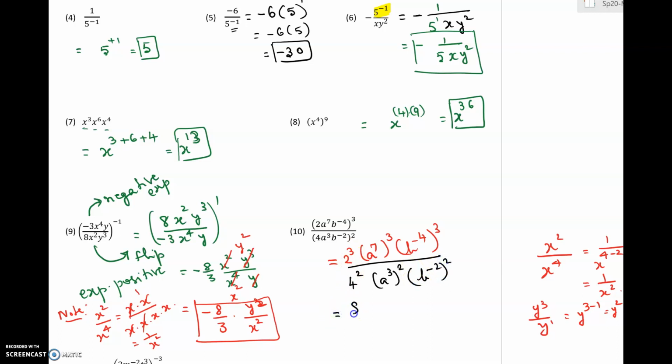So 2 cubed, which is 8, 4 squared, that is 16, then a to the power 7 times 3, 21, b to the power negative 4 times 3, that is negative 12, then a to the power 6, 2 times 3, then we multiply b, negative 2 times 2, which is negative 4.